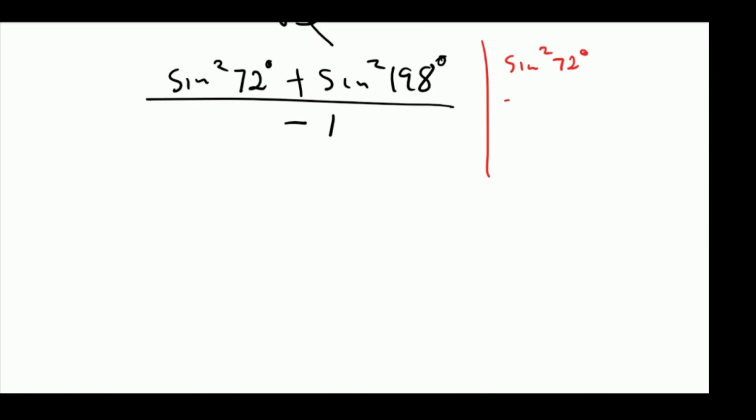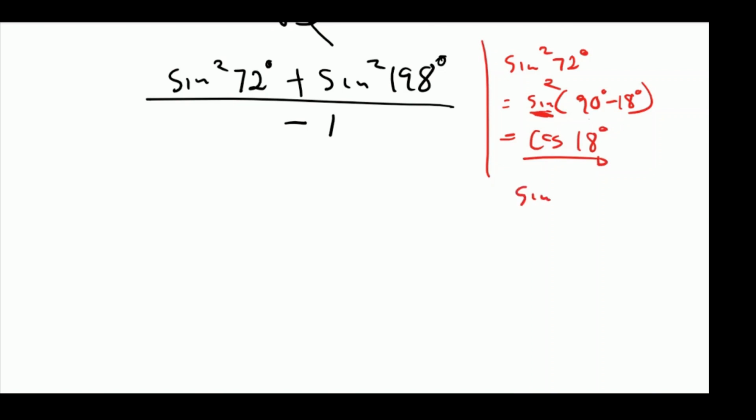To reduce this, we'll simply say sine of 90 degrees minus 18 degrees, and then it's squared, don't forget. So 90 degrees minus 18 degrees is going to give you cos, because this is sine, so it changes to cos of 18 degrees. Why is the cos positive? Because 90 minus 18 degrees is in the first quadrant.